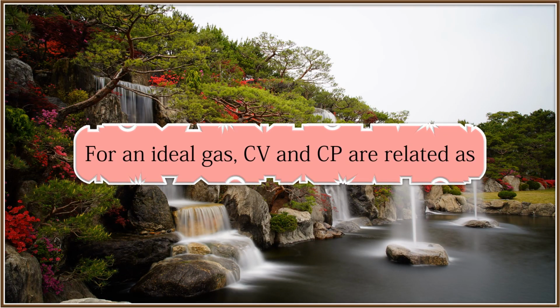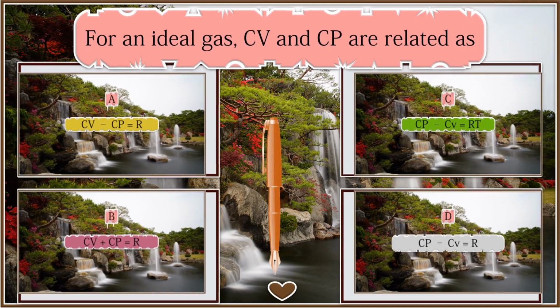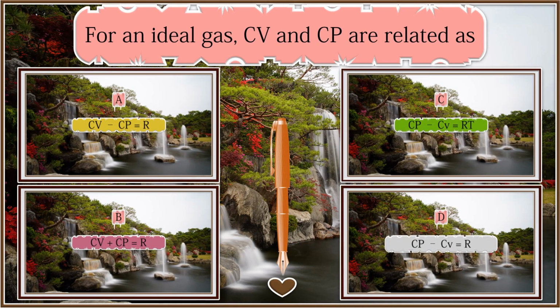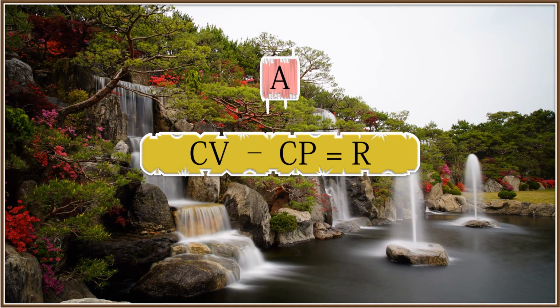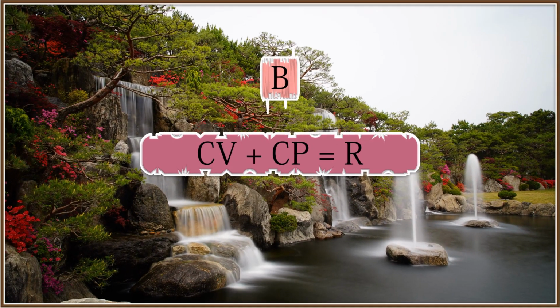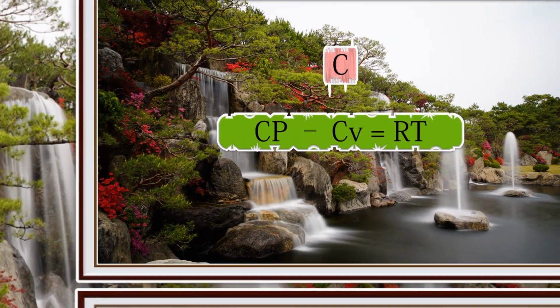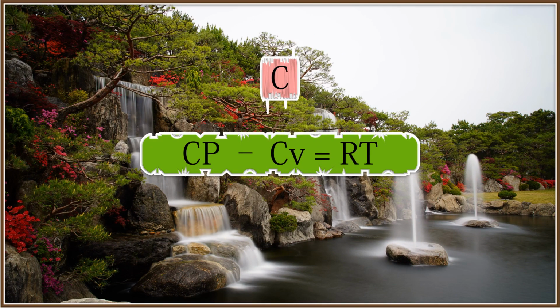For an ideal gas, Cv and Cp are related as Cv minus Cp equals R. Cv plus Cp equals R. Cp minus Cv equals RT.